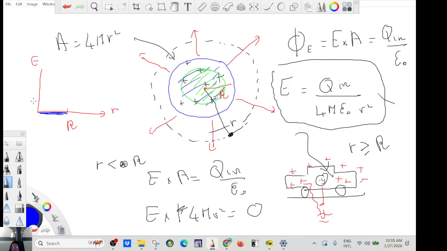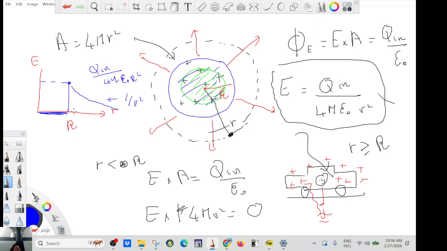And then outside, it's going to be Q_in over 4 pi epsilon 0 r squared. As you move away, it's an inverse square law, so that's going to be 1 over r squared. I don't know how you call that in math. It's not continuous. There is a discontinuity here. It's vertical.